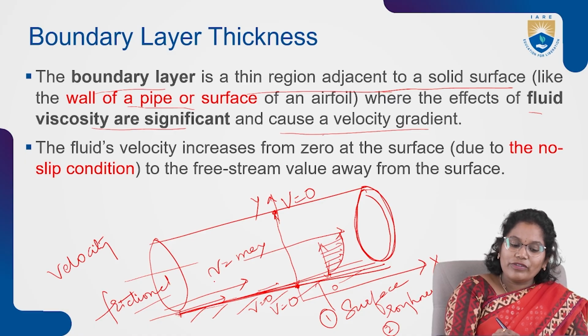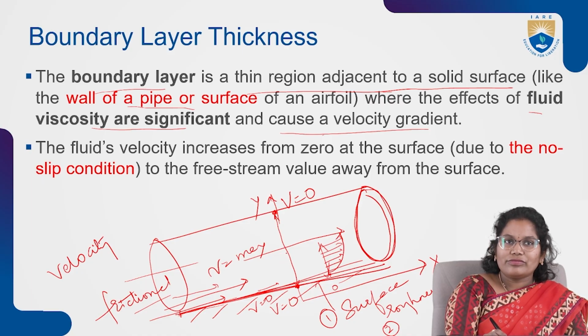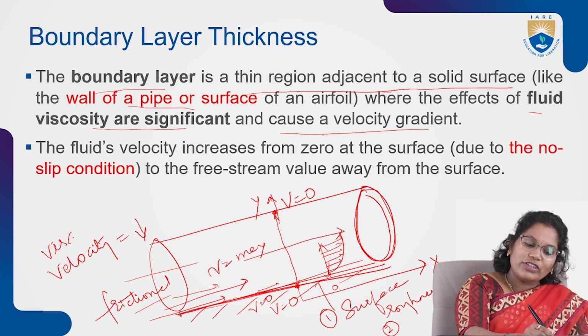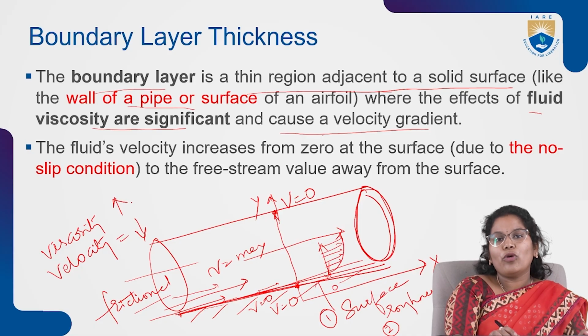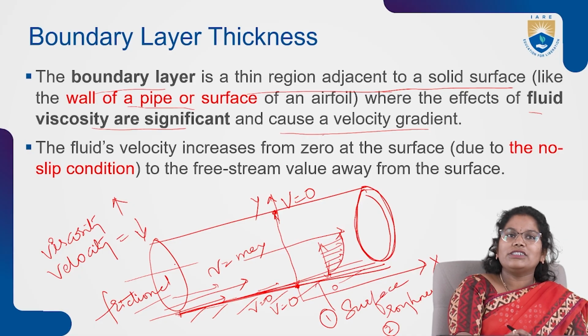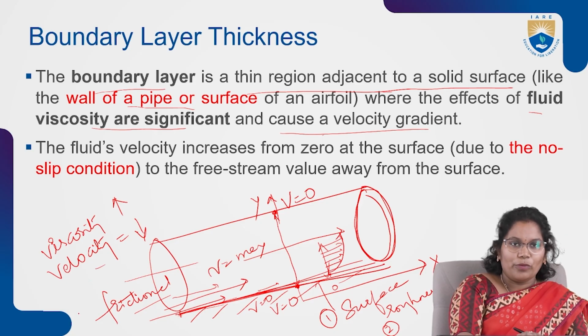So if the viscosity is high, then the flow moving in a pipe is not that fast. Therefore, the velocity is minimum. If the fluid has high viscosity, then your velocity is low, right?